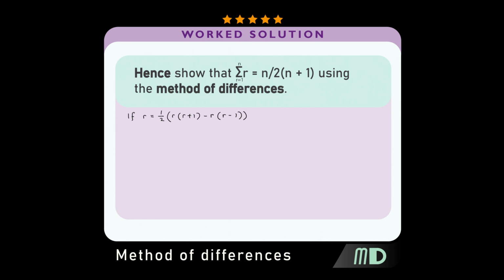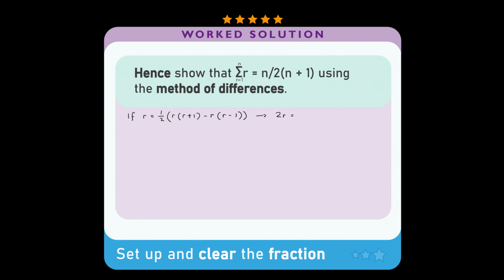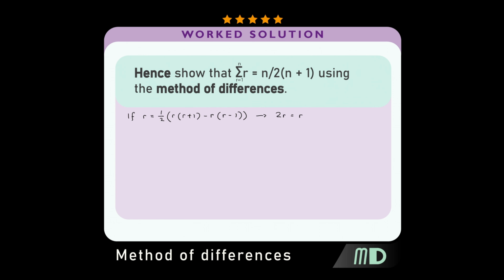By multiplying both sides by 2, we get 2r equal to r multiplied by r plus 1 minus r multiplied by r minus 1. And we do that because it's easier to deal with the fraction at the end.